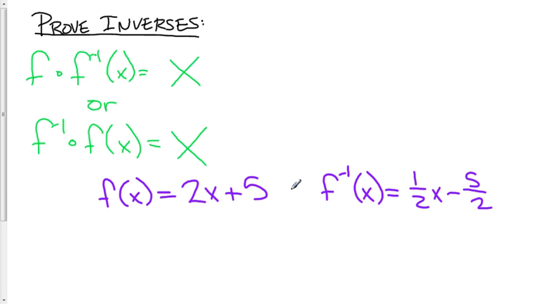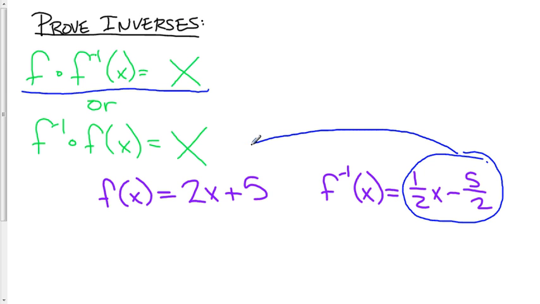If f of x is 2x plus 5, and they tell you that the inverse is 1/2 x minus 5 halves, and you are trying to prove that they are inverses of each other, you would have to either do f composition inverse f of x or inverse f of x composition f of x. So we're going to do this one. So we would need to take this, bring it over here, and substitute it in for x.